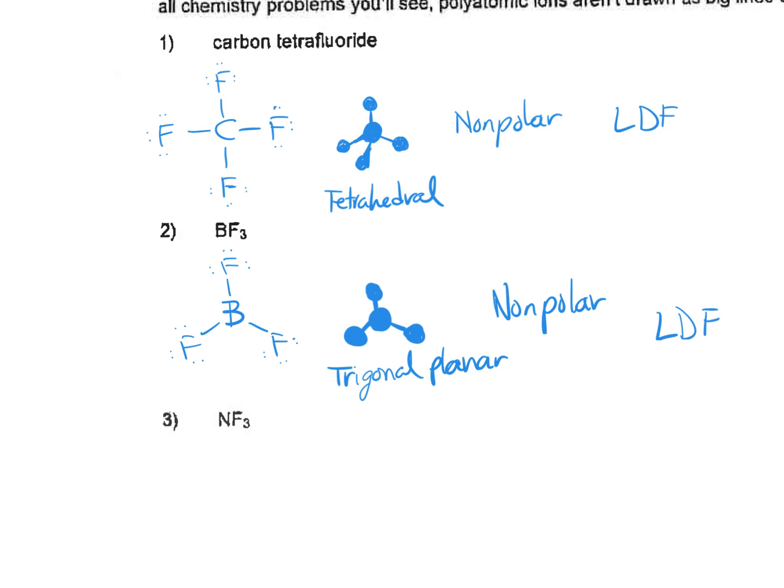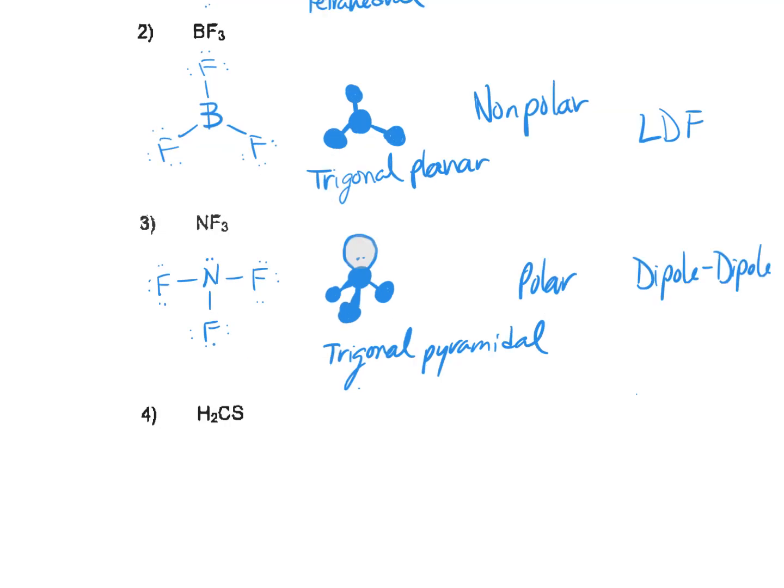Here is nitrogen trifluoride, and since nitrogen has this lone pair of electrons on the structure, that lone pair of electrons is going to take up space. And I highlighted in gray that there's a cloud of electrons that's pushing down on these molecules, creating a trigonal pyramidal structure.